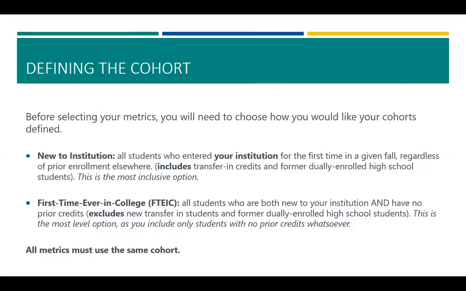So when you're looking at growth, you're looking at students who are starting with 0 credits. When you select your 2 metrics, they will be using the same cohort. So if you're looking at graduation and credits earned, and you select FTEIC, that's going to apply to both metrics. We're looking for consistency, the same groups of students overall.